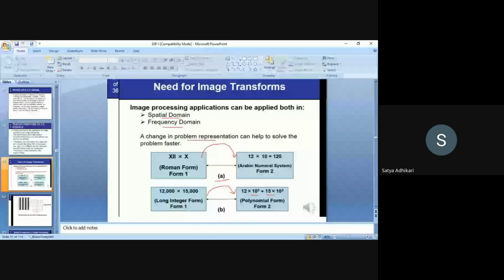It may not be possible to edit it, or to get the exact information from it. So we have to convert it to another domain. That is called transformation.